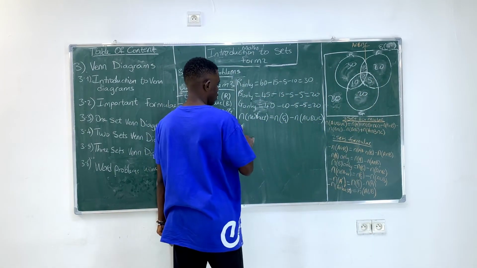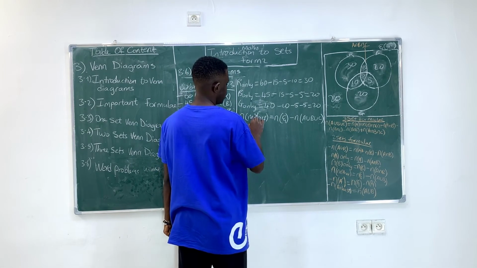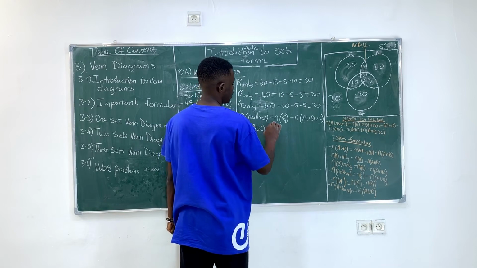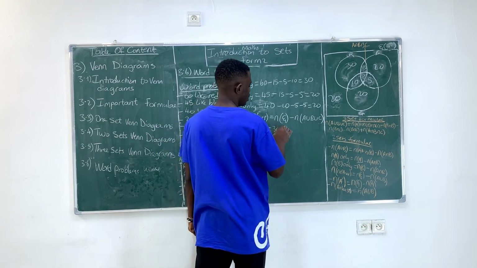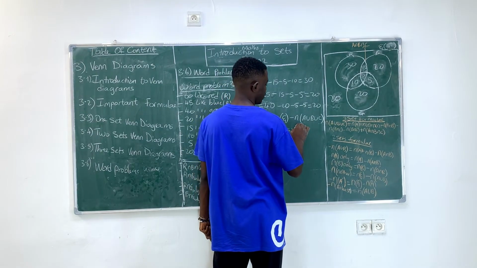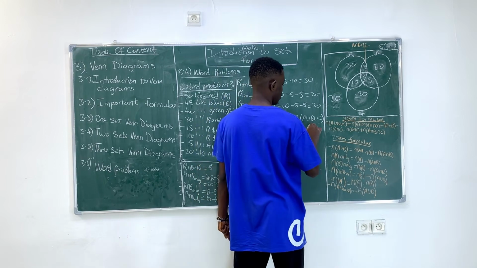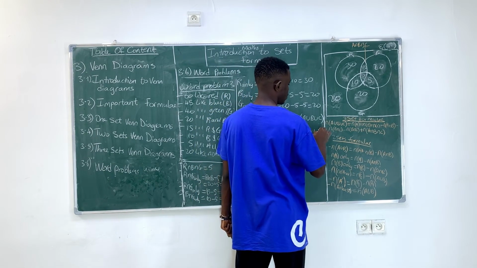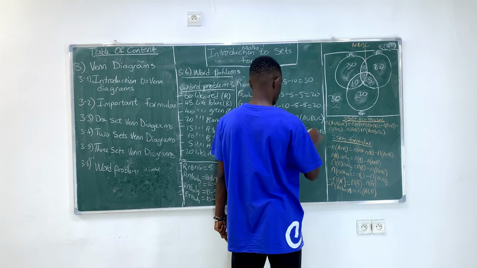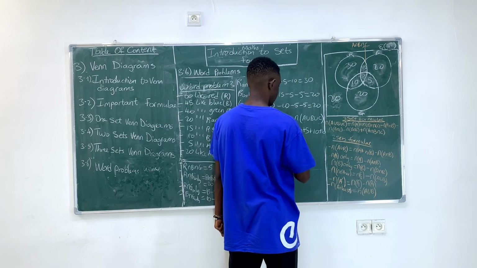So A and B and C is equal to 30, 45, 65, 70, 80, 90, 90. Alright.